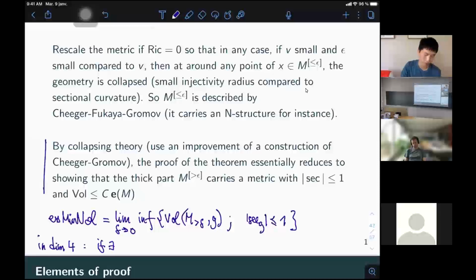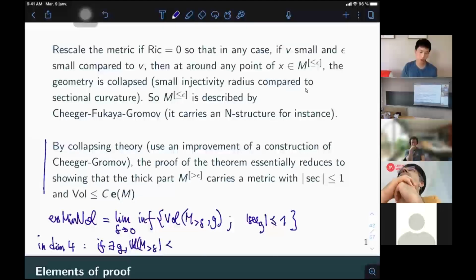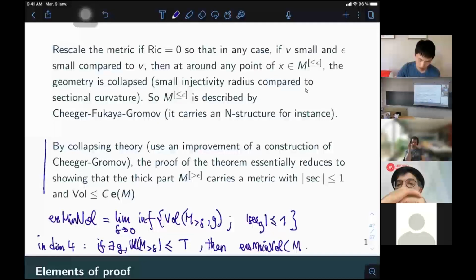So in dimension 4, I'm saying that if you can construct a metric such that the thick part has volume, say, less than T, then the essential minimal volume is already less than a constant times T. The constant is a universal constant.